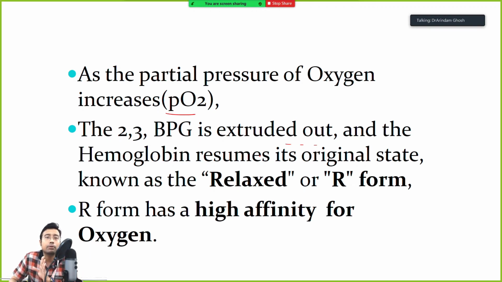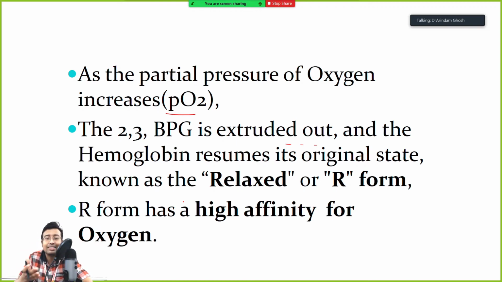Hemoglobin always prefers to return to its original form, that is the R form, where it has high affinity for oxygen. 2,3-BPG is just like a foreign body, remember. Whenever it is entering the taut form, we are also pushing inside some foreign body, and no, it is not good to have a foreign body inside you, okay?